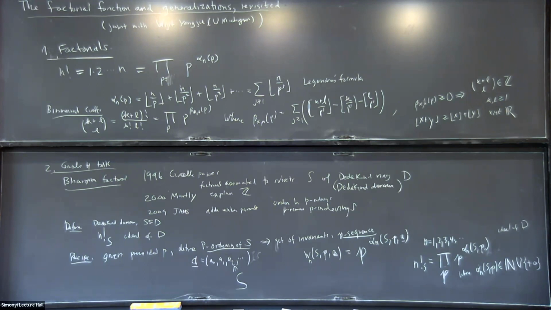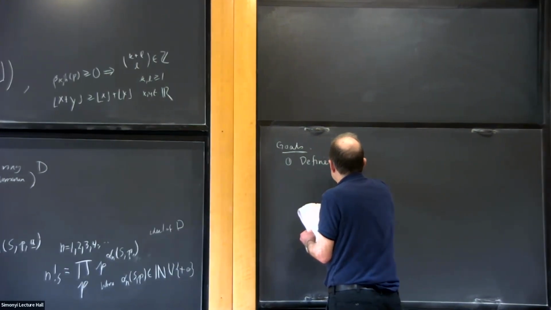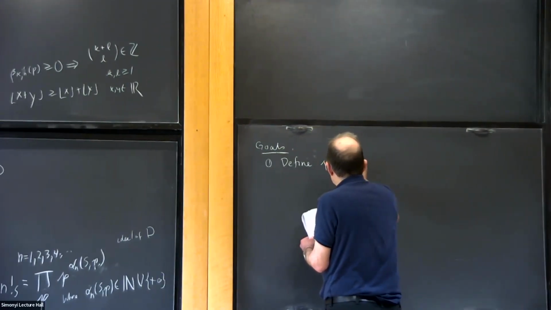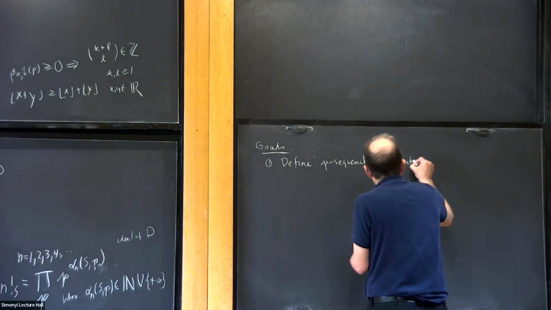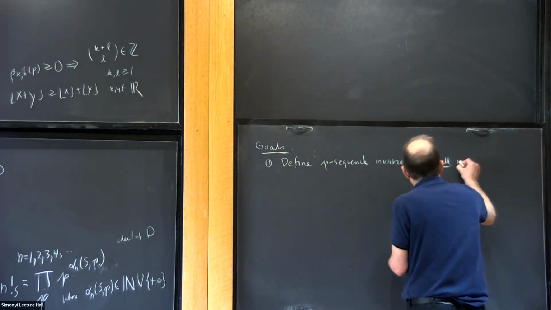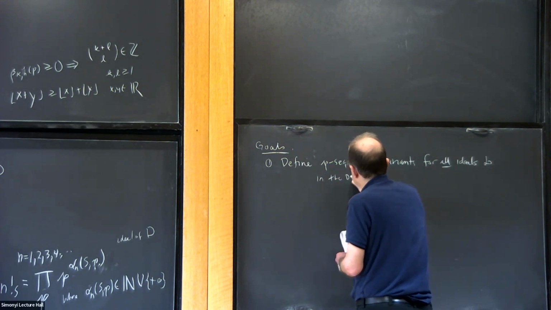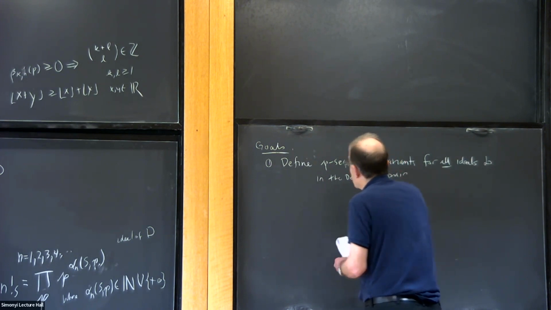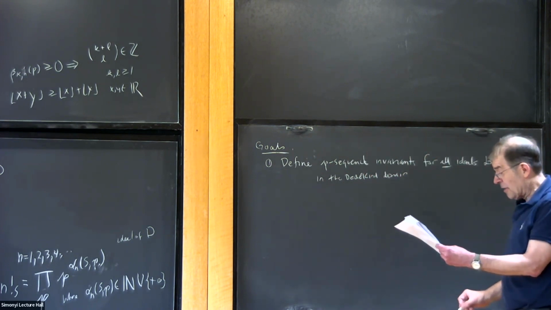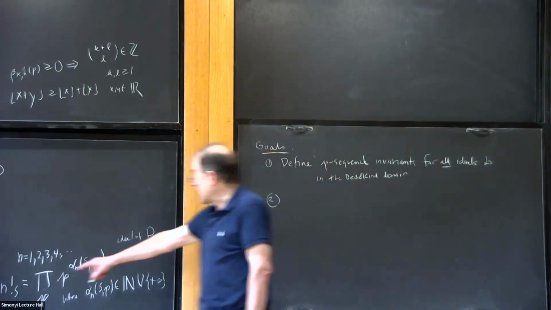Okay, so now to finish this section, the goals are to define these invariants, to define these P sequence invariants for all ideals in the Dedekind domain. Okay, I gave you a definition.